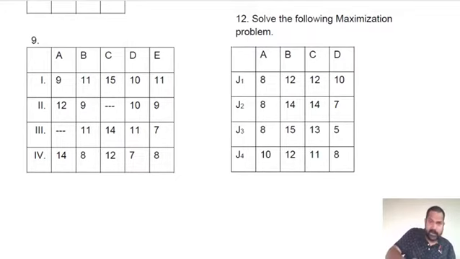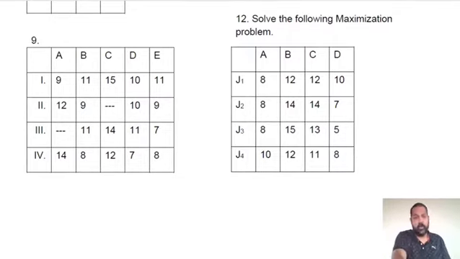So 8, 8, 8, 10, 12, 14, 15, 12, 12, 14, 13, 11 and lastly 10, 7, 5, 8.